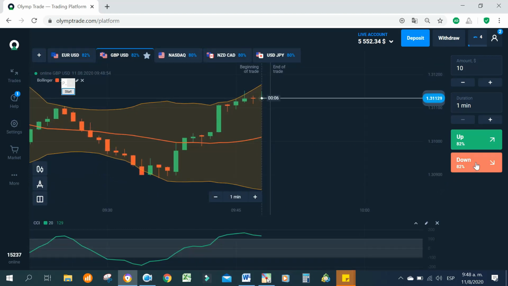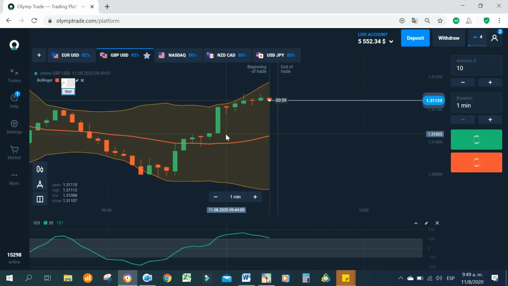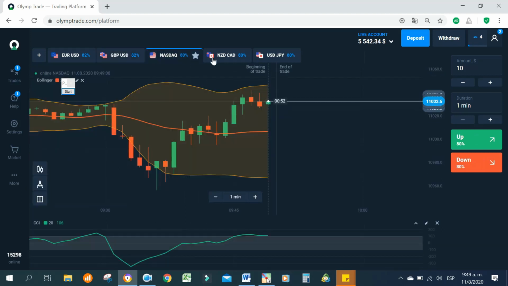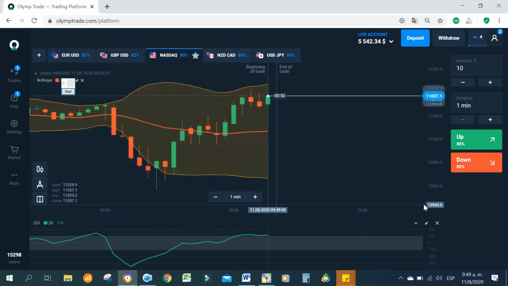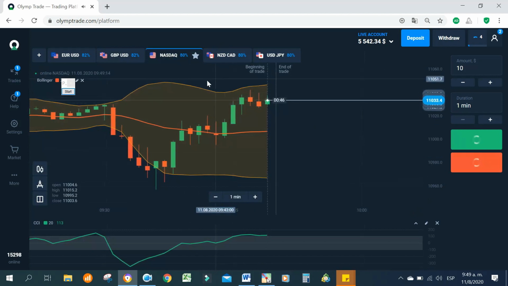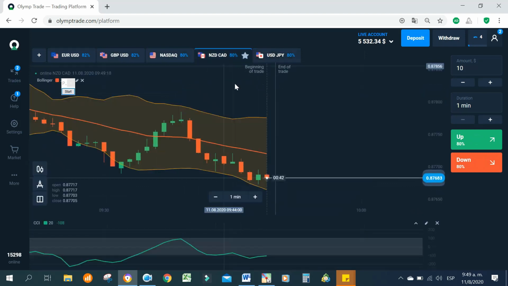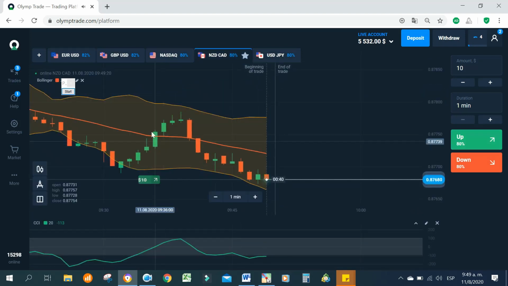Okay, I would take another put option on this pair. Yeah, I think it's a great deal. Same here, same here, and same here.